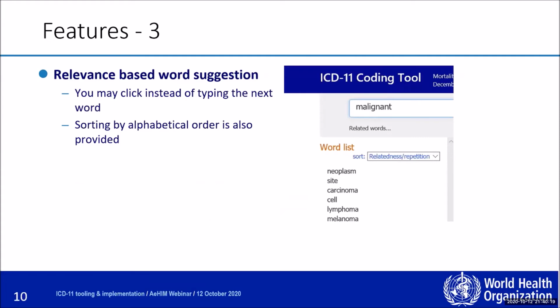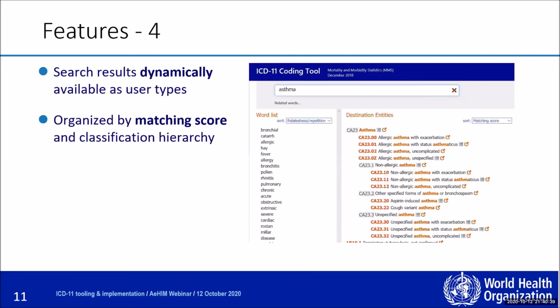You have, as I mentioned before, this kind of word suggestion on the left-hand side, which also can be used to narrow down the search. So when you type in, for example, malignant, you can then look by site or whatever you want to focus on.